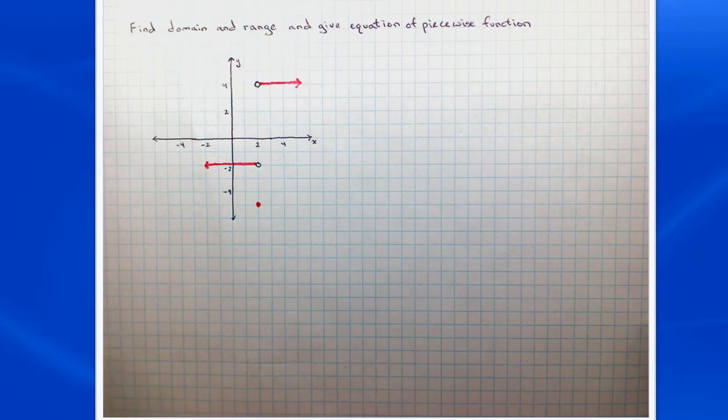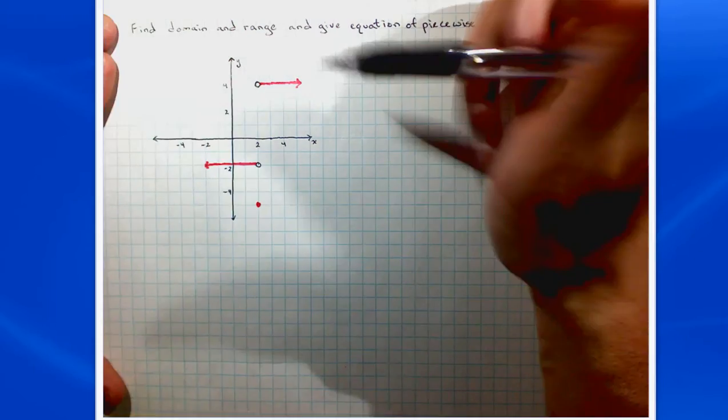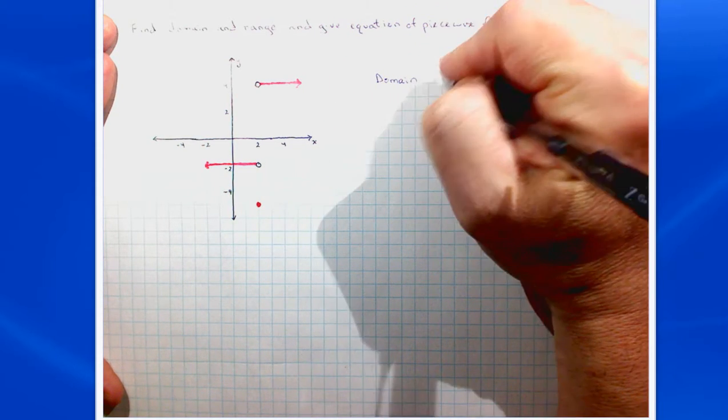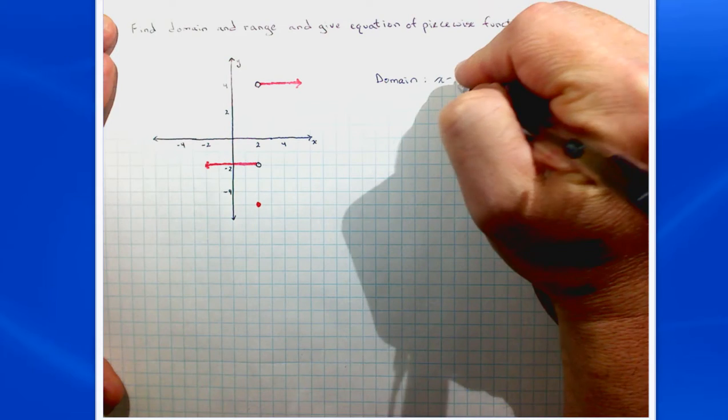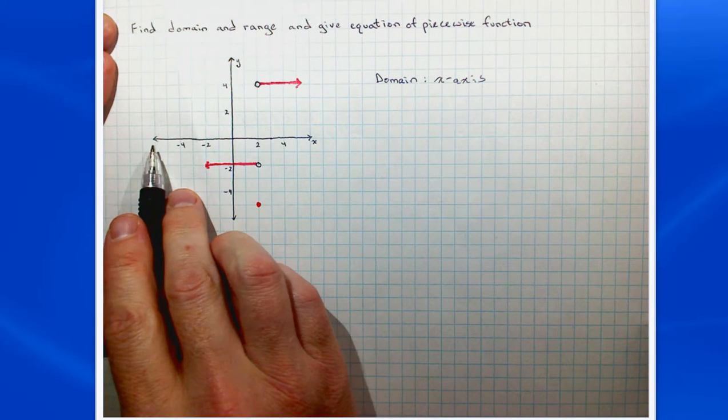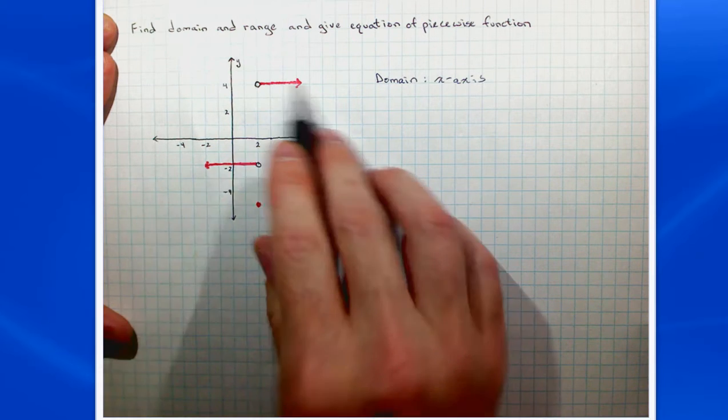Okay, so let's take a look here for our domain. Domain deals with what axis? Yes, the x-axis. So I look at my x-axis. Going along here, does it cover all the points?